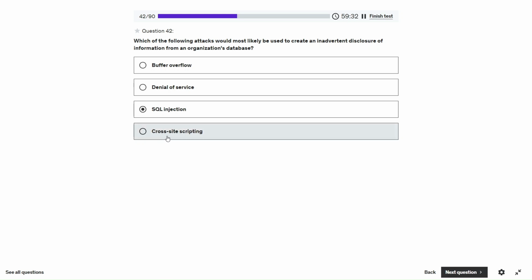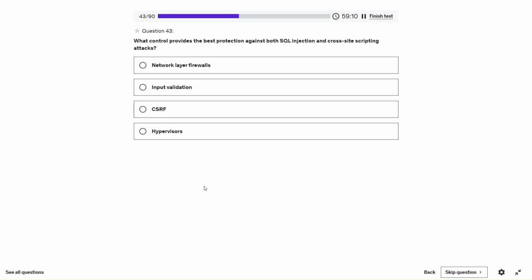Cross-site scripting is actually to run your type of request. Denial of service is again denying the services, so no services used. Buffer overflow is to exploit it, whereas SQL injection is to get the data out of the database.